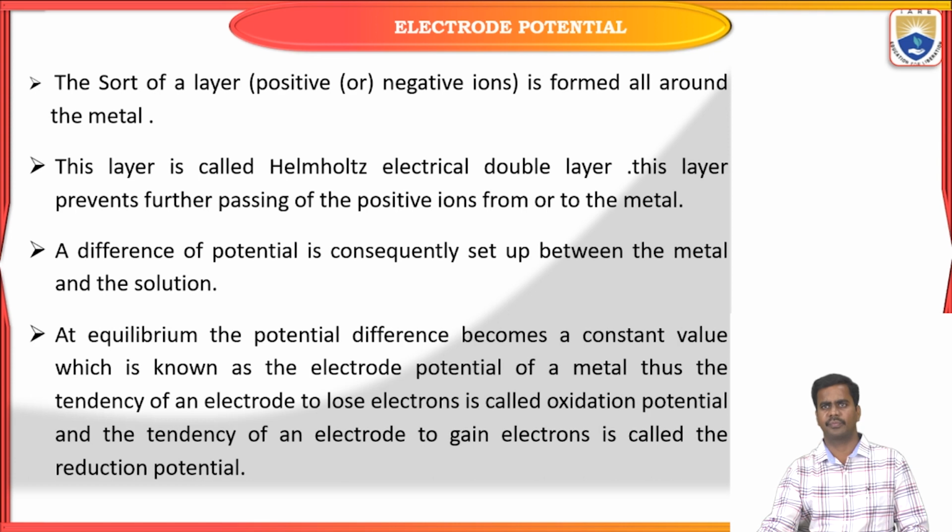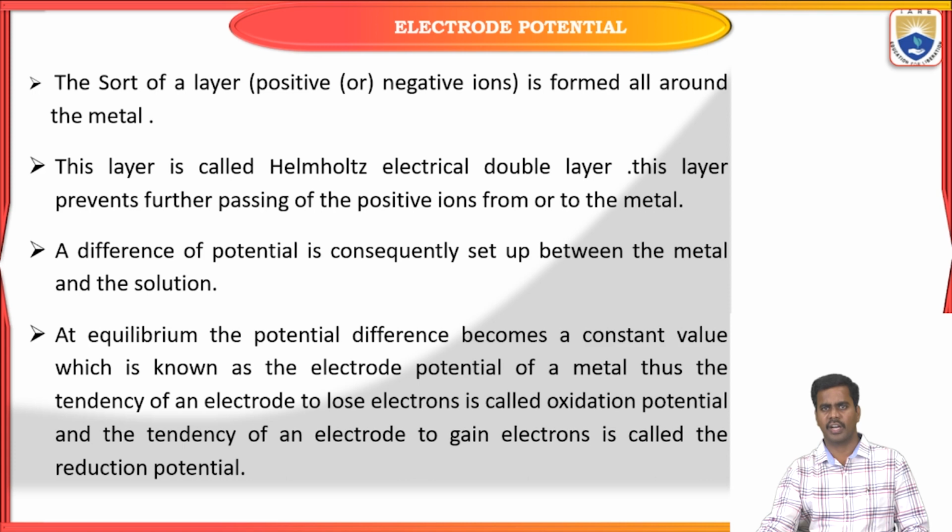A layer is formed around the metal. This layer is called Helmholtz electrical double layer. This layer prevents further passage of positive ions to the metal. A difference of potential is consequently set up between the metal and the solution.